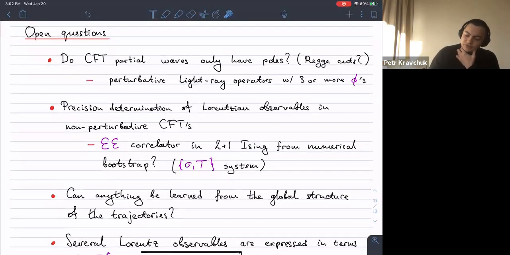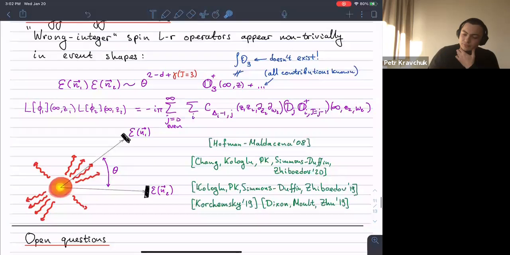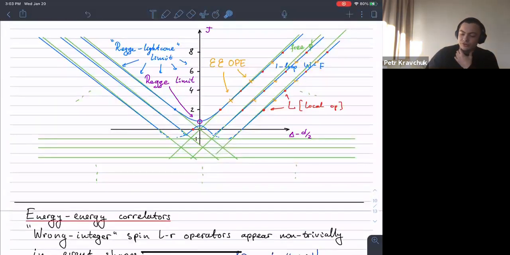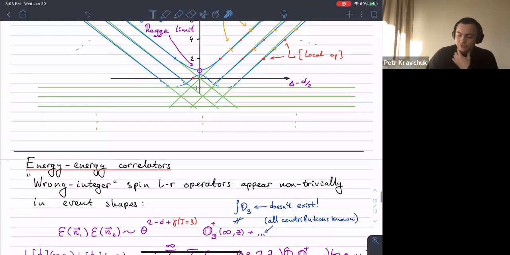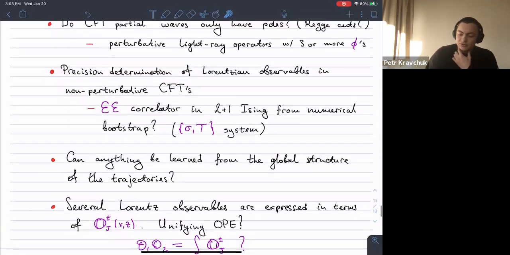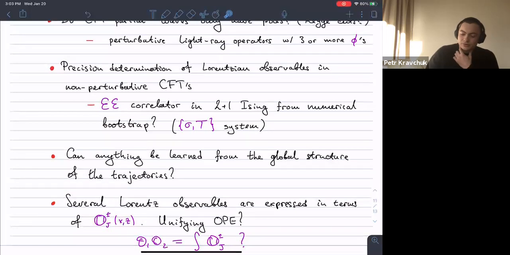Another point is that at least the perturbative description of these trajectories suggests there's some interesting global structure, where trajectories which are independent in free theory are combined in the interacting theory to become different branches of a single trajectory. One can ask whether anything can be learned from the global structure of the trajectories.